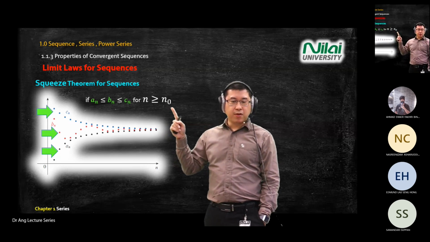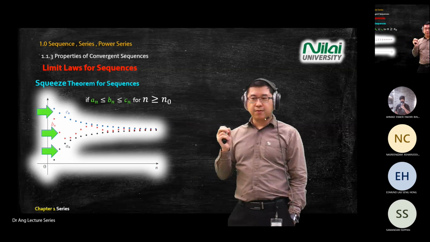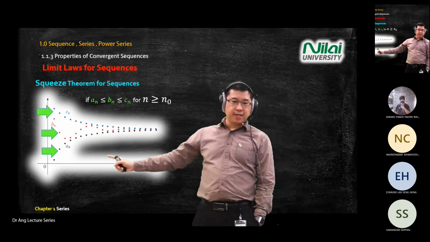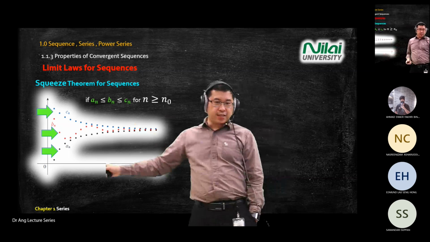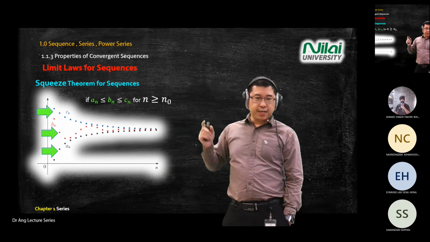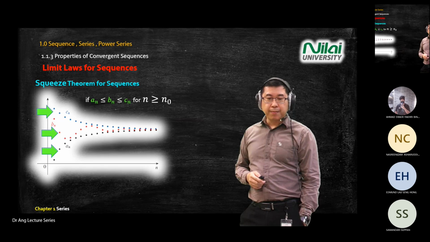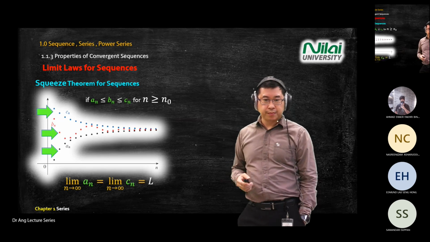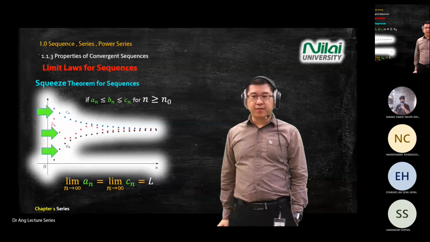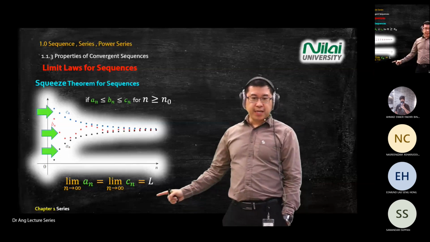n sub 0 means the initial, the starting point of that number. So in this case, we can represent the set of data with this mathematical equation.